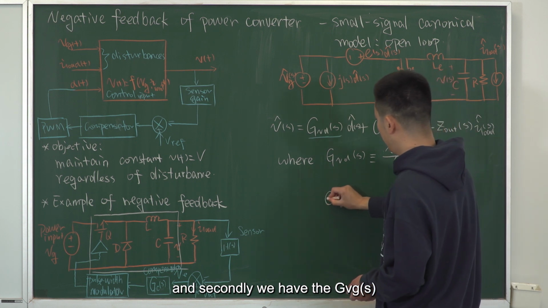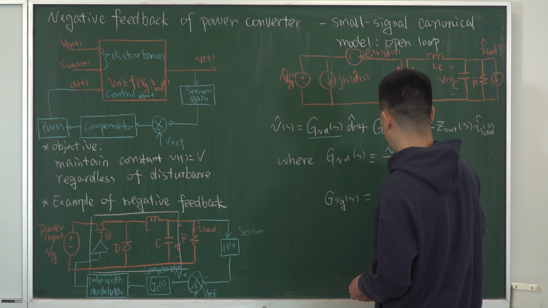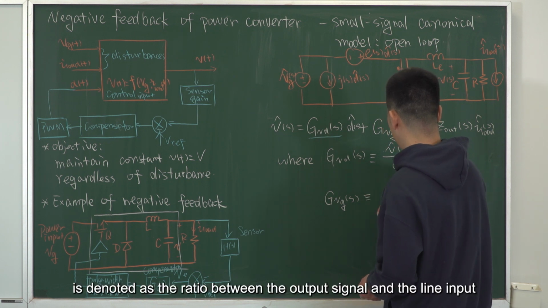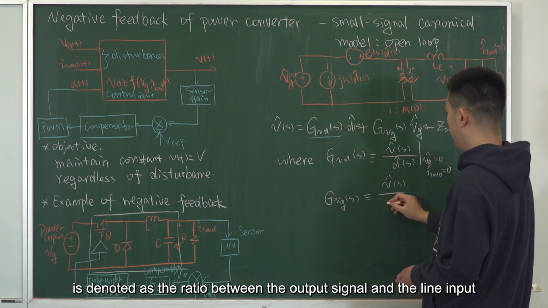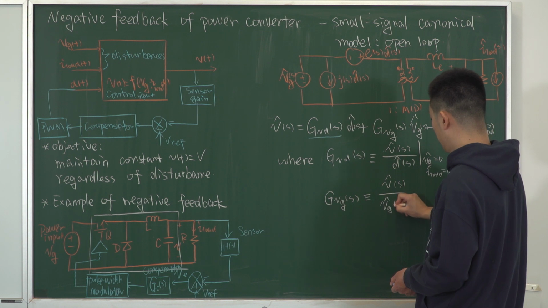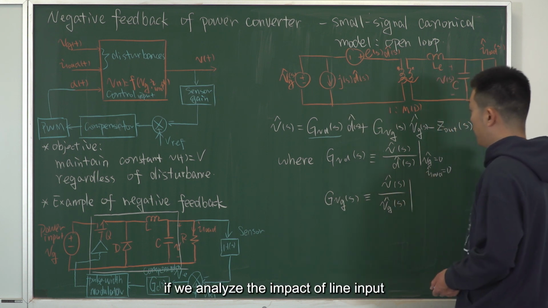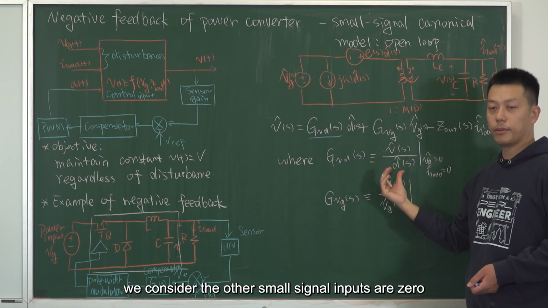Secondly, Gvg is denoted as the ratio between output signal and line input. If we analyze the impact of line input, we consider the other small signal inputs to be 0.